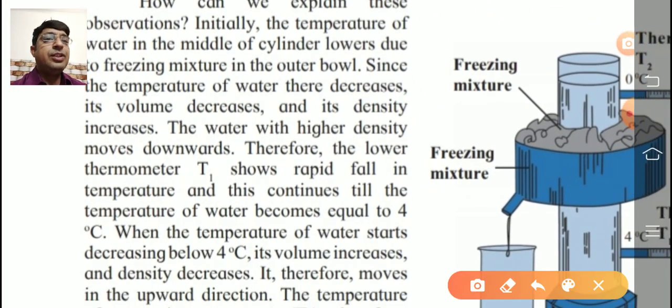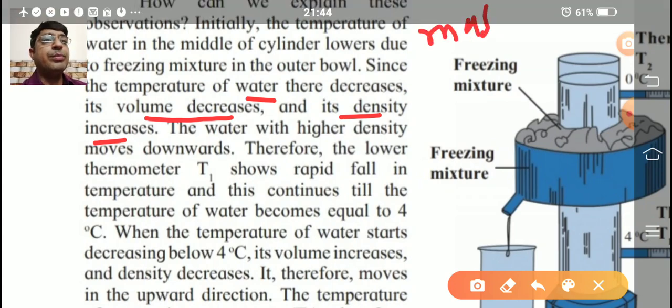The temperature of water in the middle of the cylinder lowers due to the freezing mixture in the outer bowl. Since the temperature of water there decreases, its volume decreases and its density increases, because we know the formula of density: density is equal to mass upon volume.